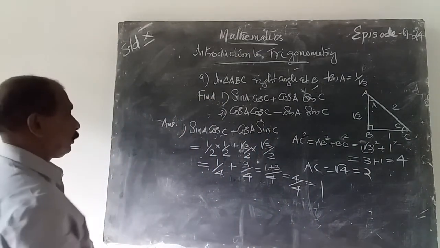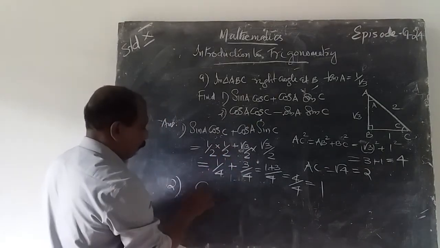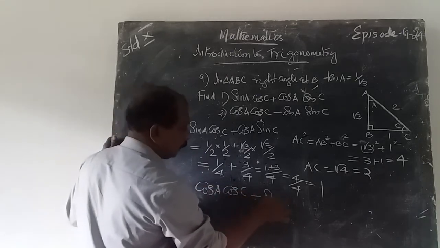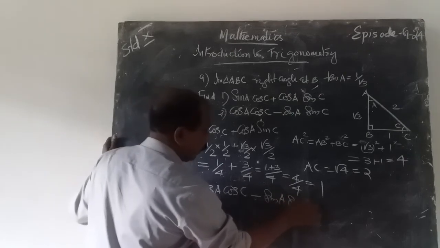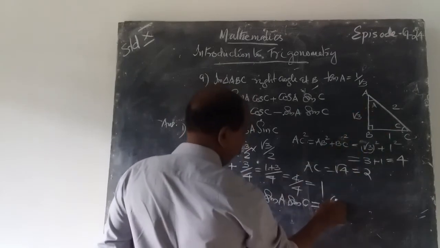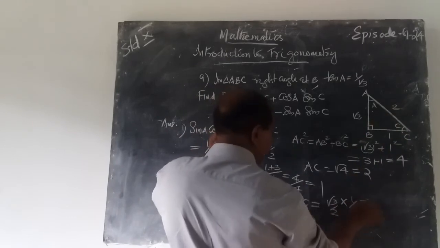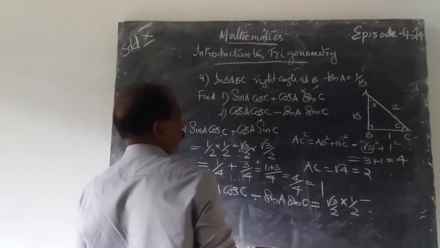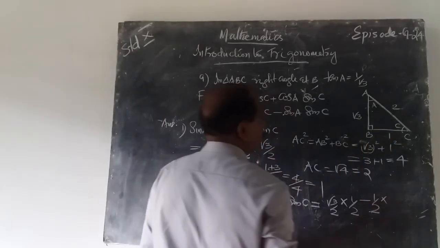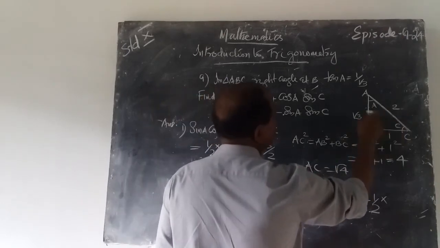Then second, question number 2. Cos A cos C minus sin A sin C is equal to, what is cos A? Root 3 by 2 into cos C, 1 by 2, minus sin A, 1 by 2, into sin C, root 3 by 2.